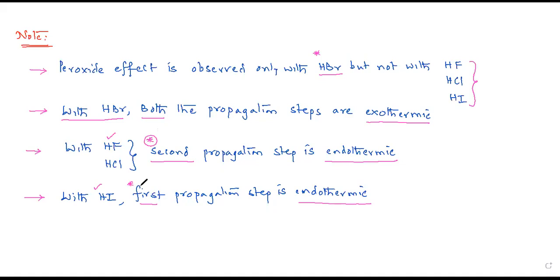That is how you can remember without any confusion. With HF and HCl, the second propagation step is endothermic, whereas with HI, the first one is endothermic, but with HBr, both the steps are exothermic. This is very interesting.